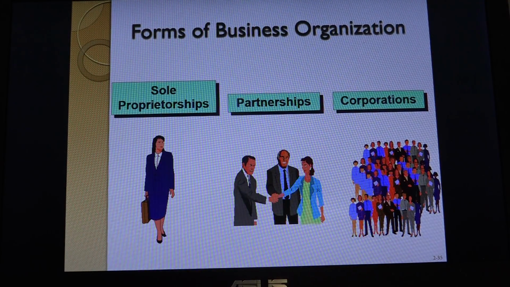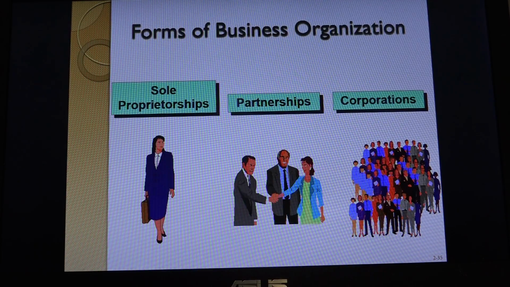Again, back to what I was talking about, the different forms of business organization. Sole proprietorship, simply one person, very easy to operate, very easy to start. Joe Blow doing business as Joe the plumber. That simple. Partnership is kind of like a sole proprietorship.